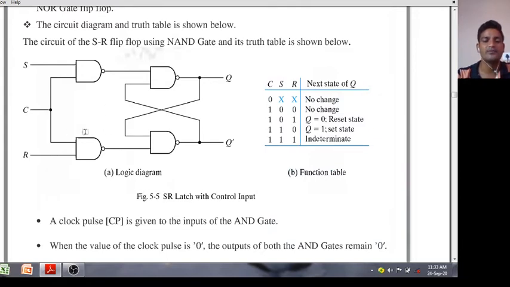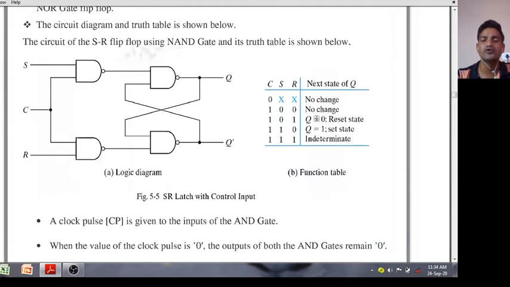In SR flip-flop, this is your characteristics table. 0 X X, no change. This flip-flop will only work when C equal to 1. If its value is 1, then the flip-flop will work normally. 0 0, no change. 0 1, it is always reset condition.